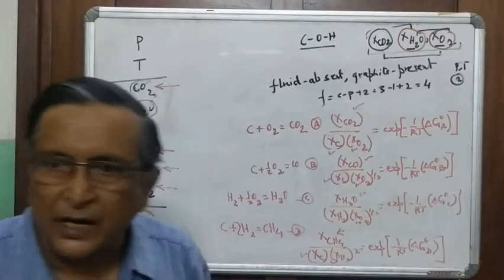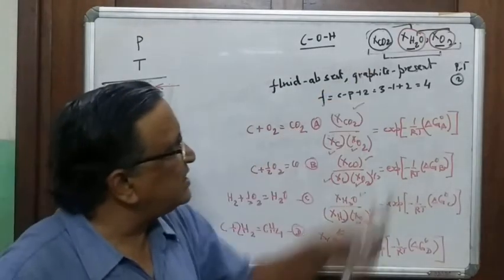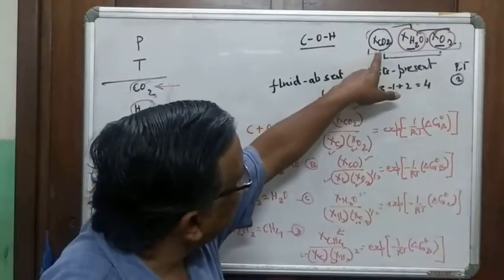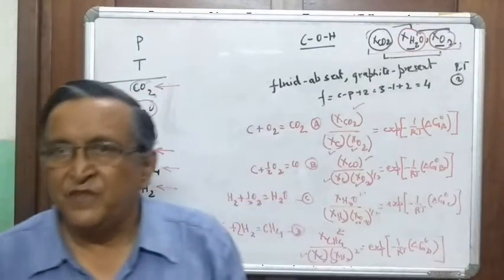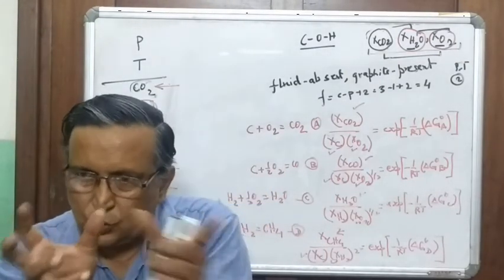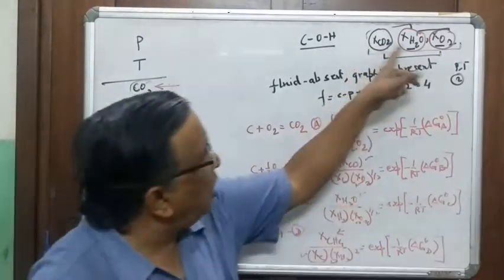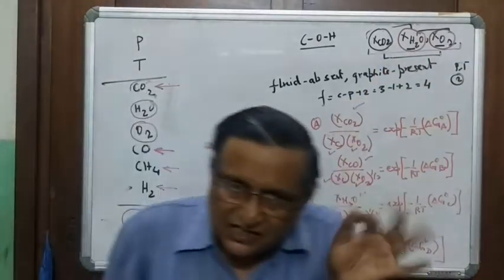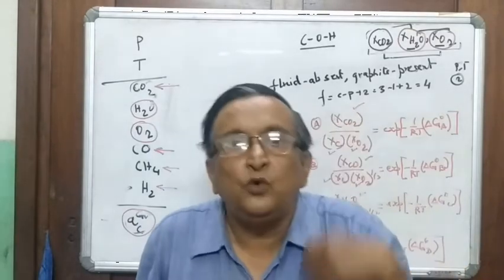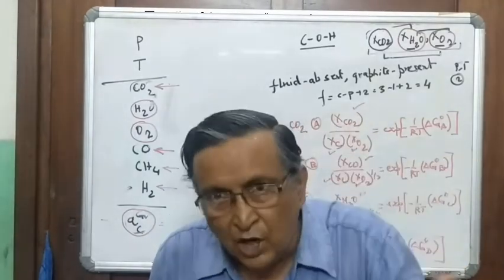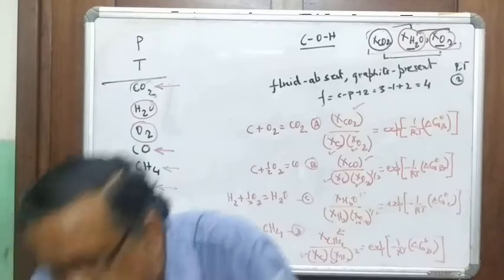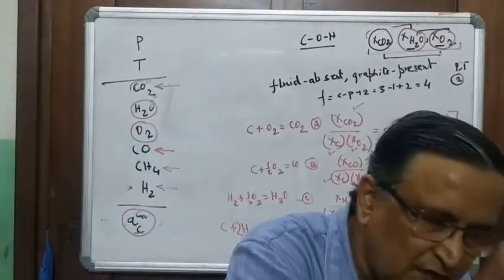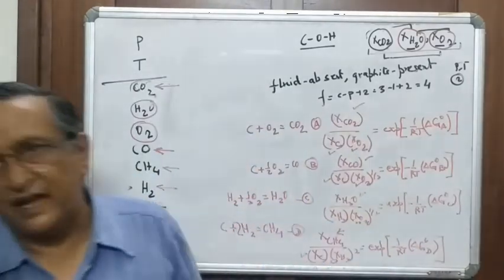You see, sometimes what happens, like the last time we got stuck, and I will still ask you to find out if there is an answer. If we take CO2 and O2, then you have a reaction C plus O2 is equal to CO2. So all the variables in a graphite present situation: your XC is known, XCO2 is known, XO2 is known. So what happens? You have everything known, you have overdone the reaction, and it is impossible now to find out the other variables.